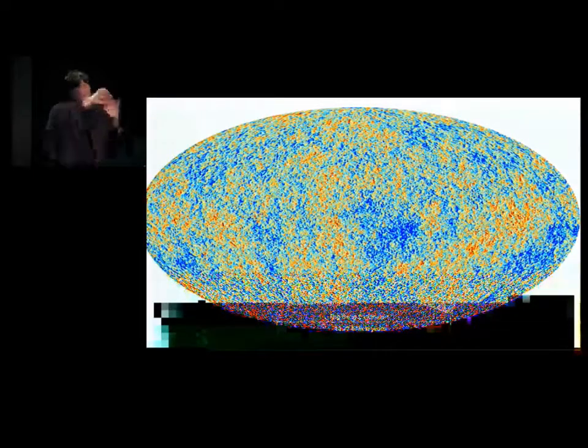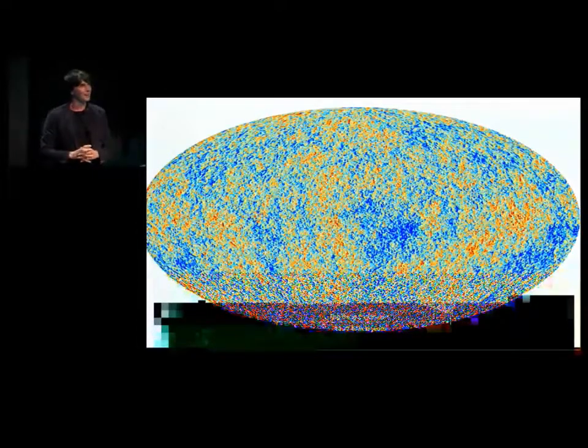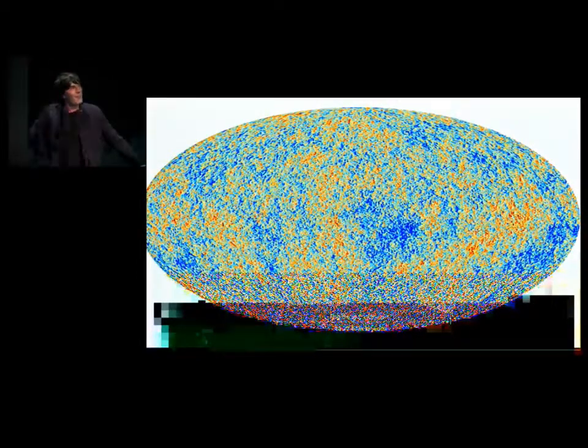There's not every possible distribution you can imagine. What we know now is that those density fluctuations are the seeds of the galaxies. And in fact, we can do computer simulations that take that data as input and then evolve the universe from that time and look at the distribution of galaxies that you get. And statistically speaking, it's the same as the distribution of galaxies we get today, which is a triumph of modern physics.